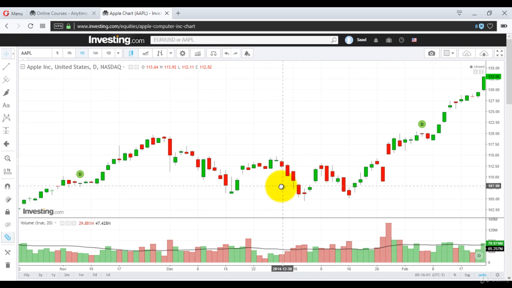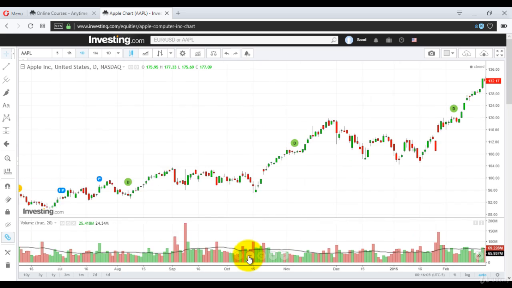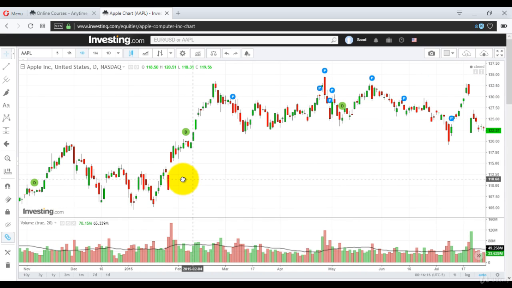It rose up a lot. So always remember this: an extreme low and a small body, but the body could be green or red. So it doesn't matter if it is green or red. If it is in a down run, a downward trend, it's considered bullish.